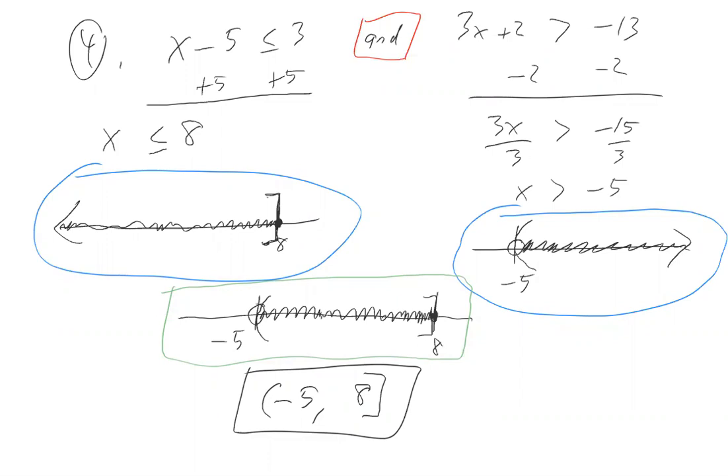And then problem 5, let's try something like that. So 5 says -11 is less than or equal to 2x over 3 minus 13, less than -5.